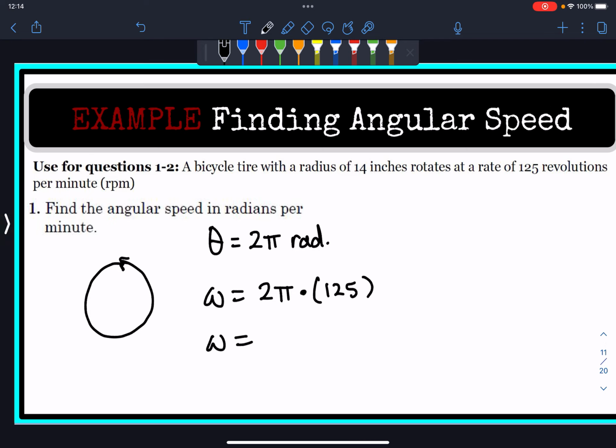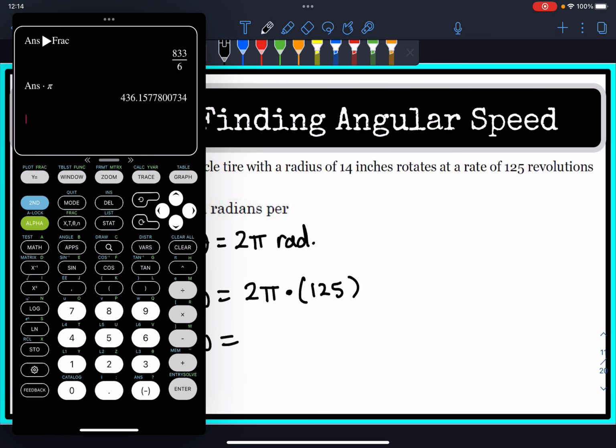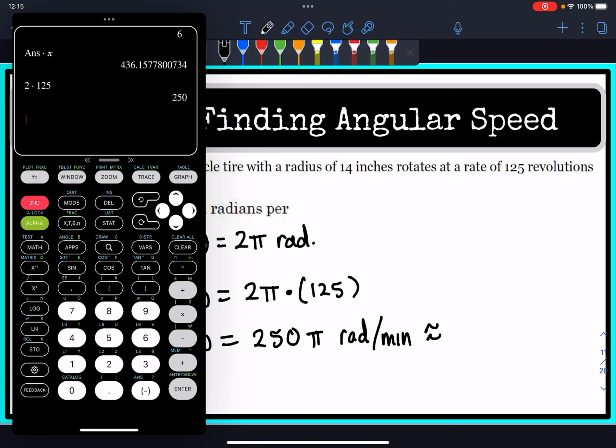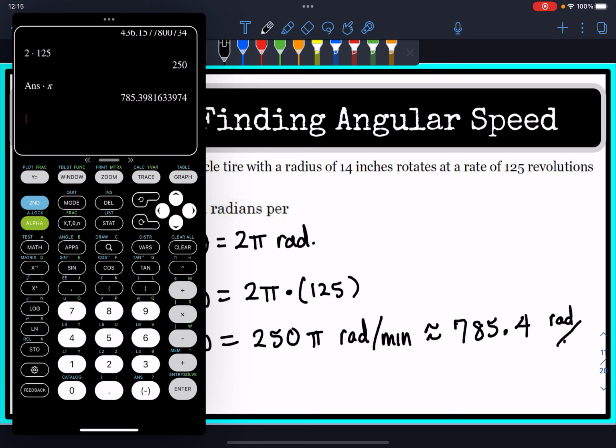So omega here is going to equal 2 times 125, which is 250 pi radians per minute, which when I multiply that answer with pi and not write it in terms of pi, is approximately 785.4 radians per minute.